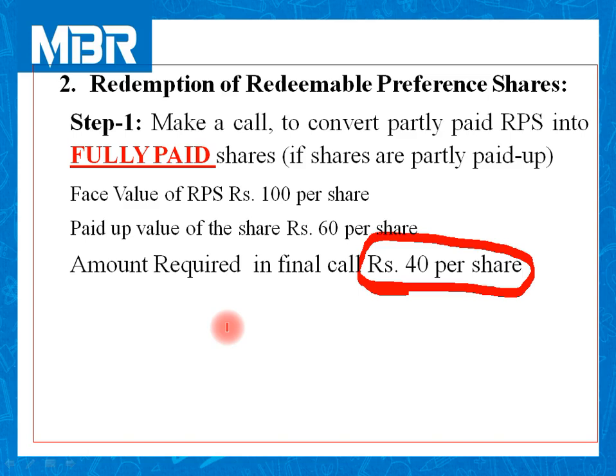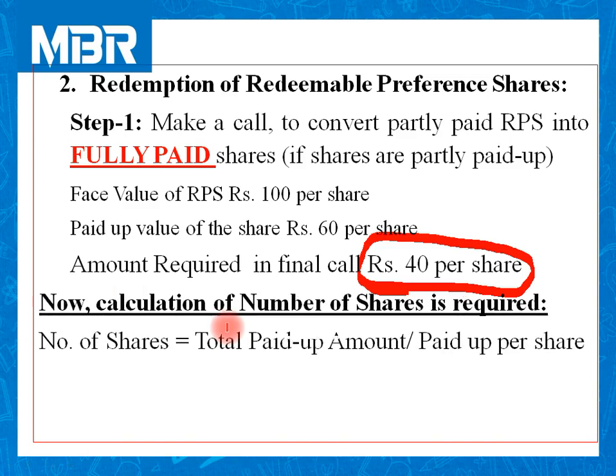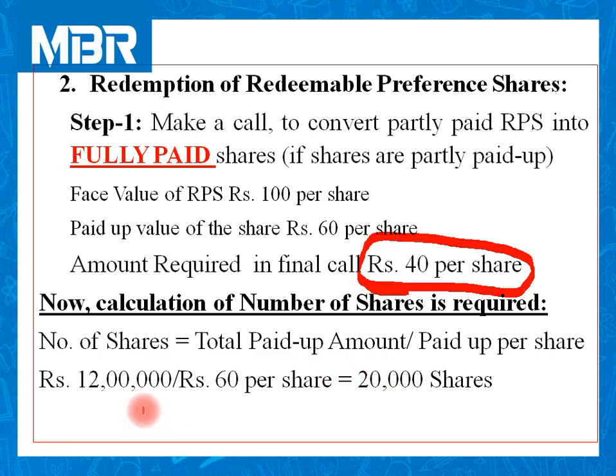given by the examiner. But in earlier questions we have completed the calculation of numbers of shares. So using this we can easily calculate the number of shares for this question. Number of shares is equal to total paid up amount divided by paid up per share. Check the liability part.